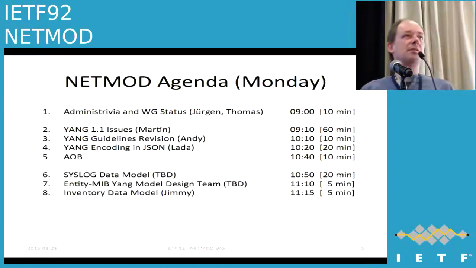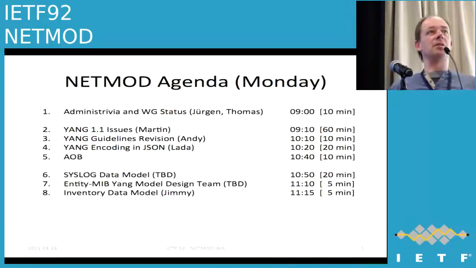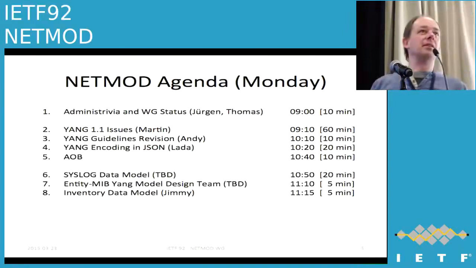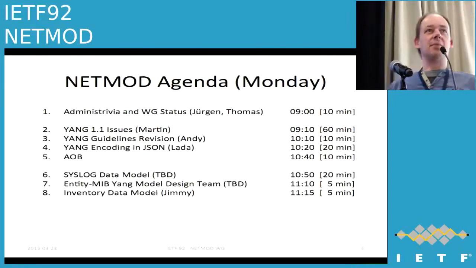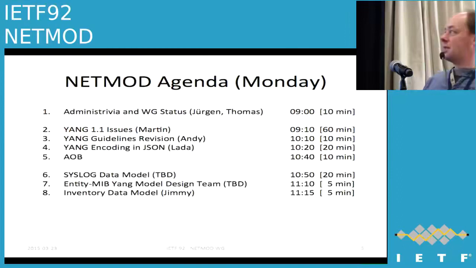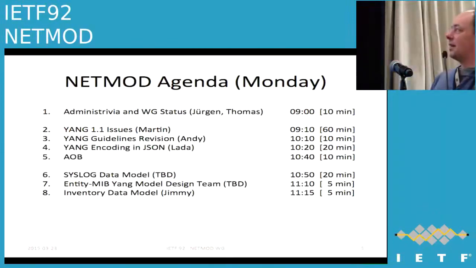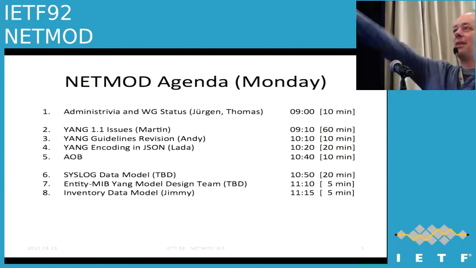The Yang encoding for JSON is a document which should be almost complete. We'll talk about that. And then there's any other business on the language infrastructure part of the session. And afterwards, we go into data modeling. So we start with the syslog data model. I'm not sure who's presenting it. Do you know? Okay, we'll find out by that time. Okay, great.